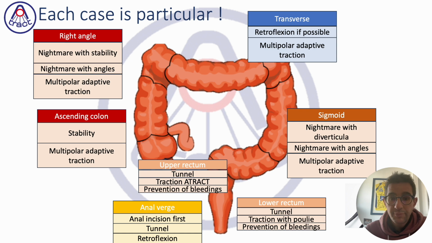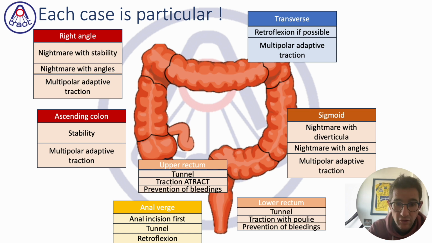Each case is particular, and these are some examples of my usual planning for a lesion. For example, in the ascending colon, I spend a lot of time doing the colonoscopy to have better maneuverability and stability. And as soon as I get this maneuverability, I try to have a perfect exposure thanks to a good traction device.